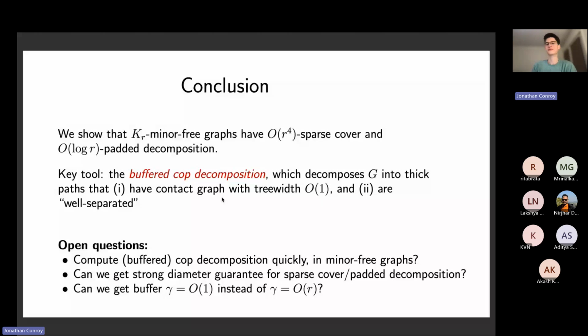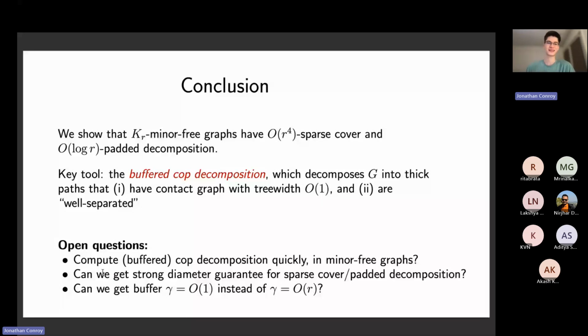This would maybe provide a simpler proof of log R padded decomposition, and hopefully would lead to strong diameter guarantees on sparse cover, or maybe even padded decomposition. We were only able to construct sparse cover and padded decomposition with weak diameter guarantees, where the distance between vertices is measured with respect to the original graph as opposed to within a cluster.